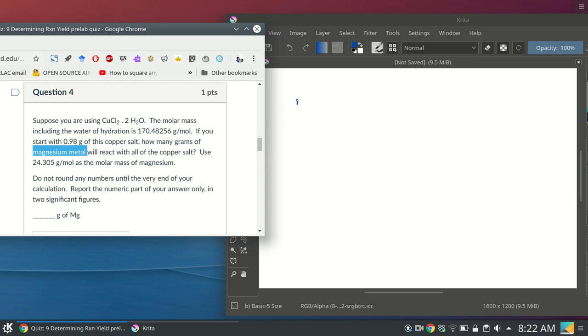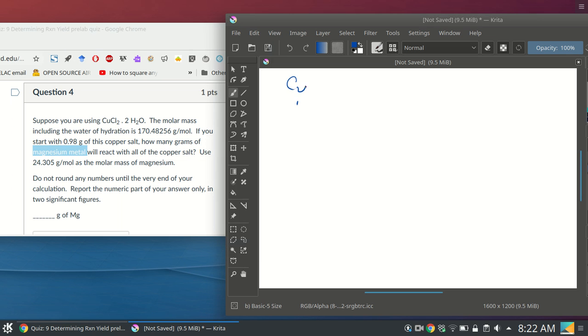So let's see, I've got some copper 2 chloride dihydrate, and it says that I'm reacting it with magnesium metal. So this is the copper salt, and I need a magnesium metal, right?